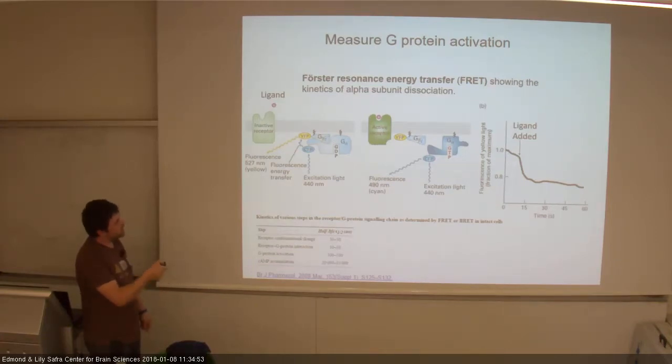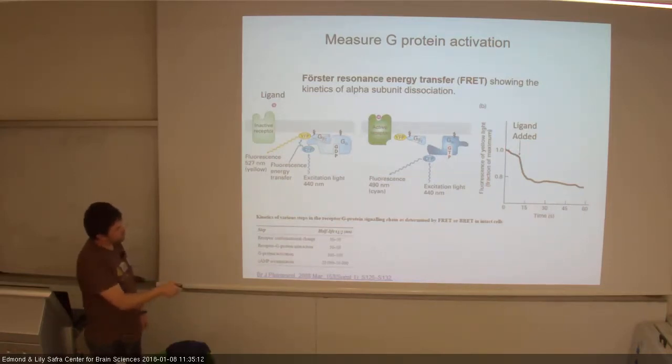In this experiment, for example, what they did is measure the amount of yellow fluorescence they get when they excite with blue light, or 440 nanometers, as a function of time, and this is done when adding a ligand.